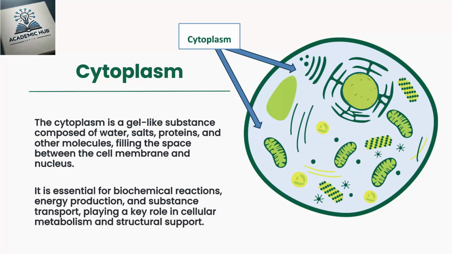Functions of the cytoskeleton in the cytoplasm are: it provides mechanical strength to the cell, facilitates intracellular transport of organelles, and also helps in cell movement, like amoeboid motion in white blood cells. Now let us take an example through which we can understand the function of the cytoskeleton.